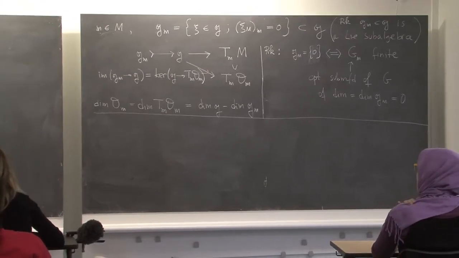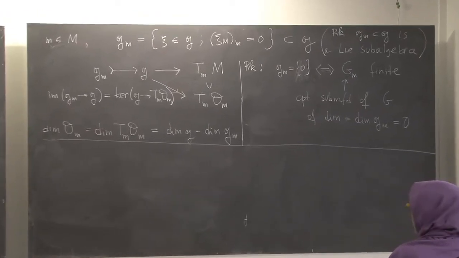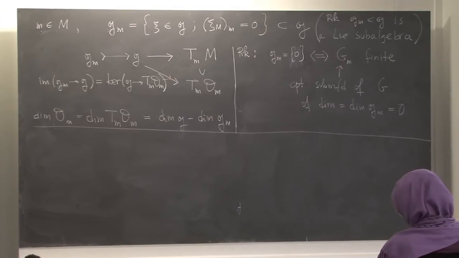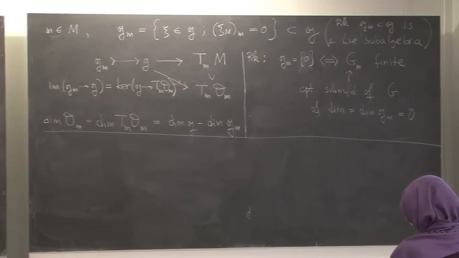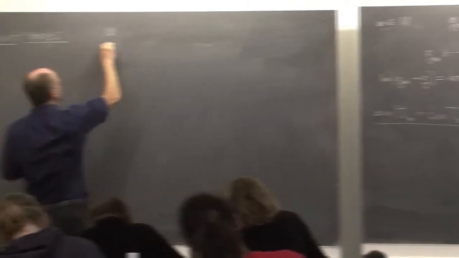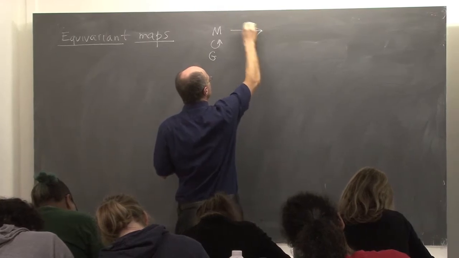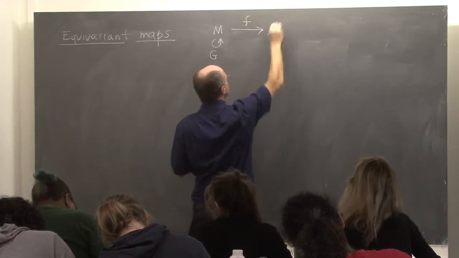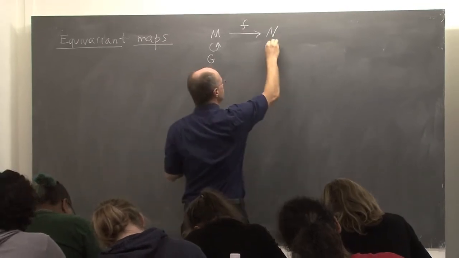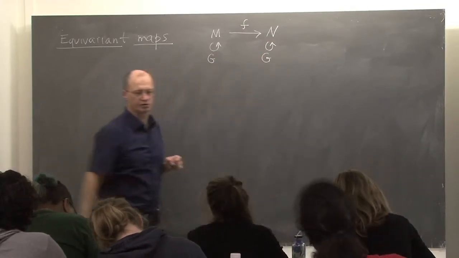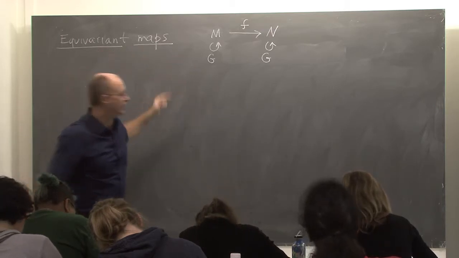Maybe just a brief discussion of a situation when you have two manifolds. So suppose we have a manifold M on which the group acts. We have some C infinity map to another manifold N, and here there is another group action. The map is called equivariant if it commutes with the action.